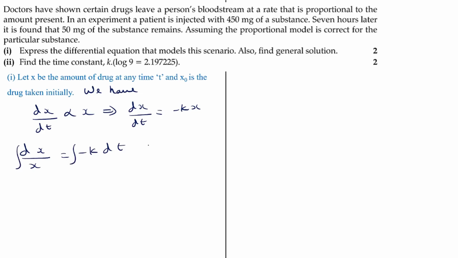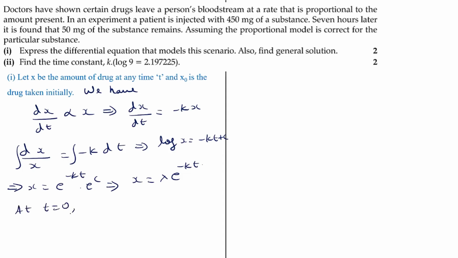This when we integrate on both sides, we get log x is equal to minus kt plus c. From this we get x is equal to e raised to minus kt into e raised to c. This e raised to c, let us write it as lambda. So it is lambda into e raised to minus kt. At t equal to 0, x naught is the drug which is taken initially, so x equal to x naught.